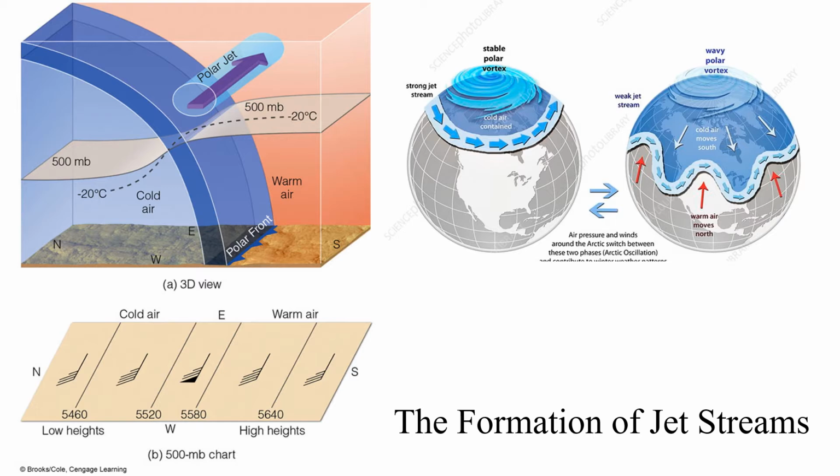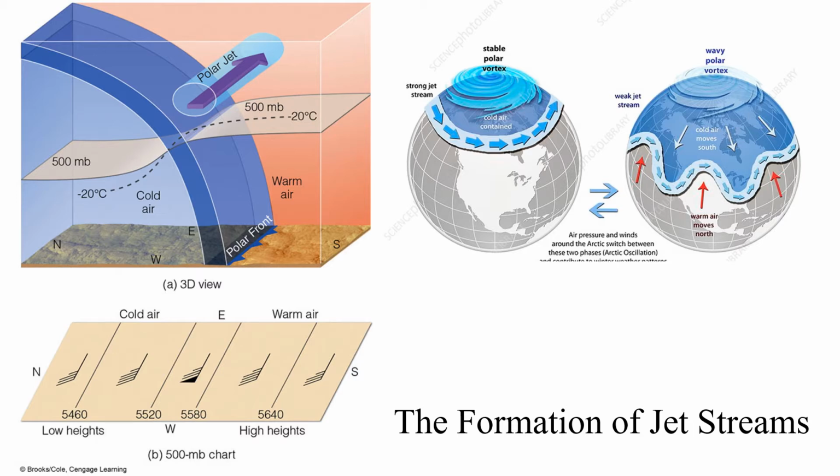The polar front is a boundary separating cold polar air to the north from the warm subtropical air to the south. The greatest contrast in air temperature occurs along the frontal zone. We can see this contrast as the minus 20 degrees centigrade isotherm dips sharply crossing the front.